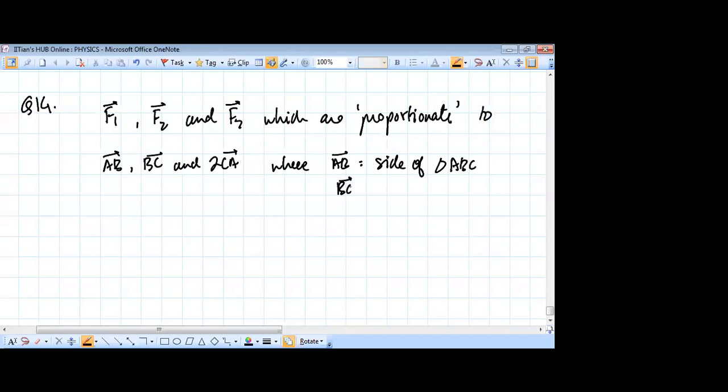AB, BC and CA, all these are sides of the triangle but expressed as vectors. Then we have to find the proportionality of the resultant, the resultant of the three forces. This would be proportional to what according to the triangle.